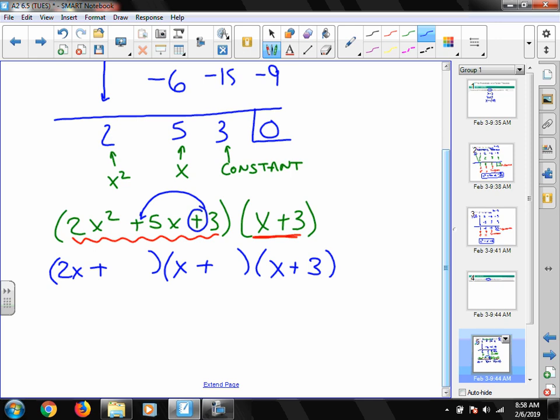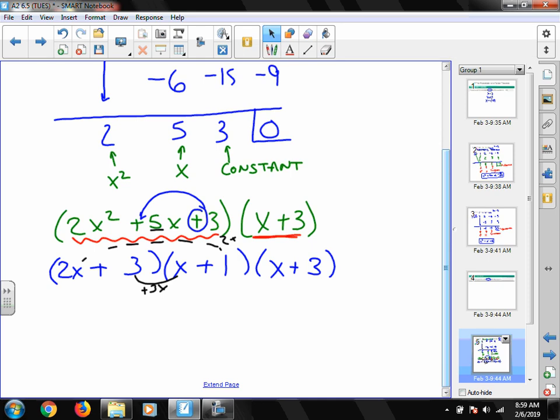And I need numbers that multiply to 3 and add to 5. I'm going to go with 3 and 1. And if you want to double check this, I would recommend it. Multiply your 2x times 1 to get 2x, and 3 times x to get plus 3x. 2x and 3x add to 5x. So we have factored this correctly.